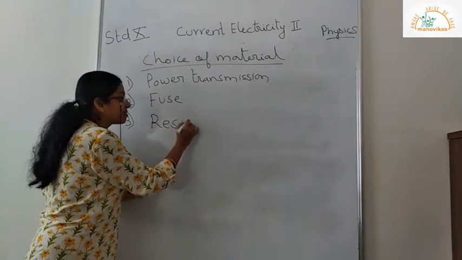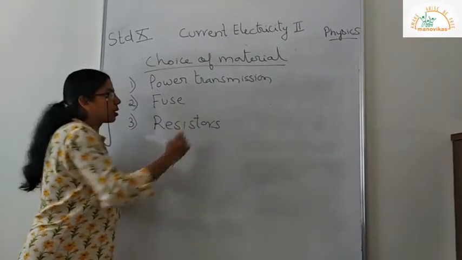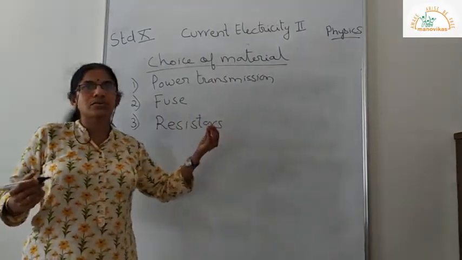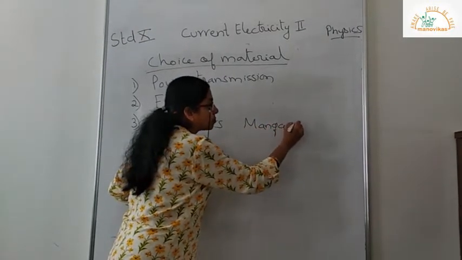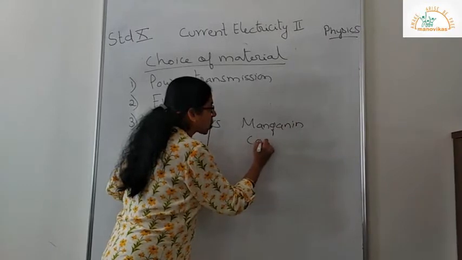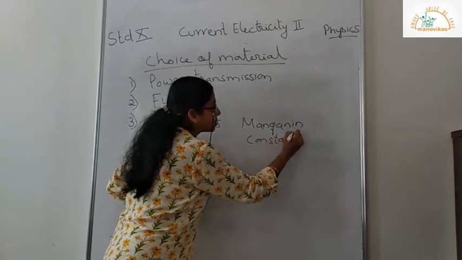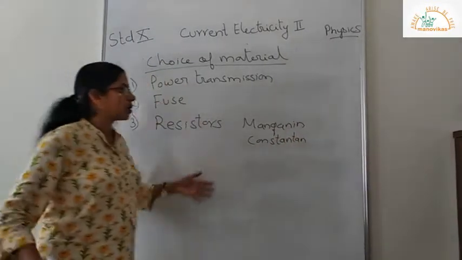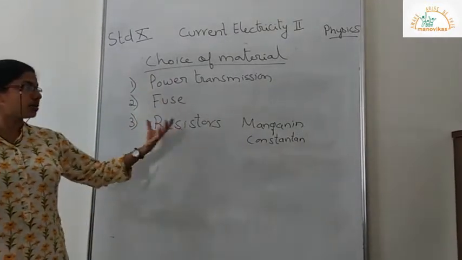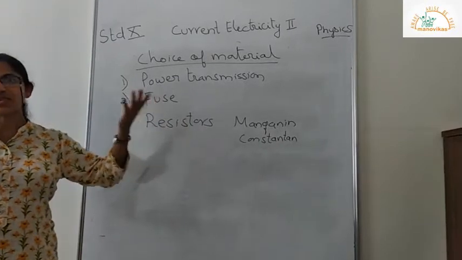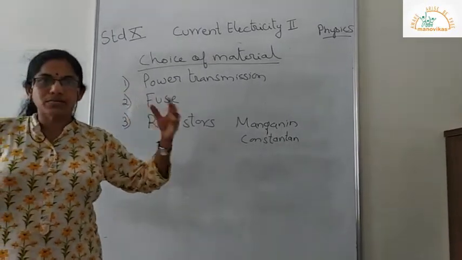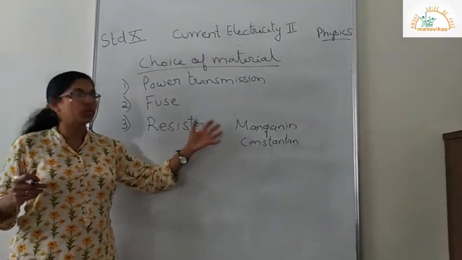If you want to make resistors, you use manganese or constantan. Manganese or constantan are the materials used to make resistors or resistance wires.